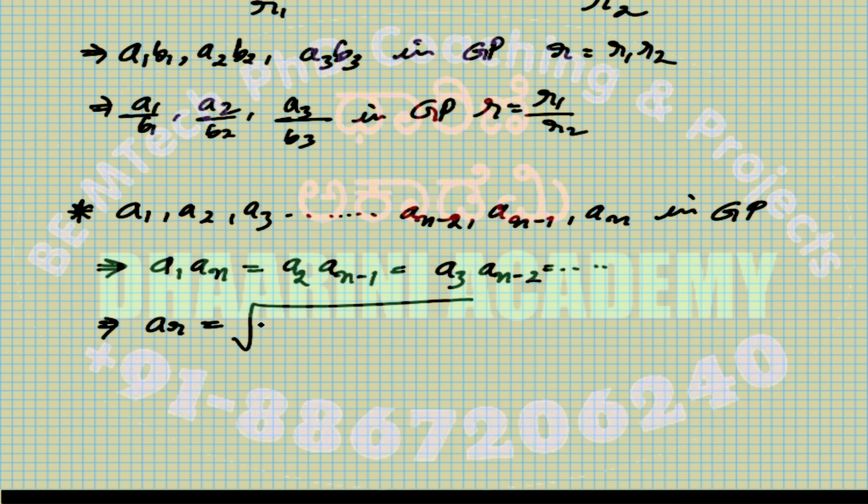So A1 into An is equal to A2 into An minus 1, which is also equal to A3 into An minus 2, and so on. Also, you can write any term Ar is equal to the root of Ar minus k into Ar plus k.